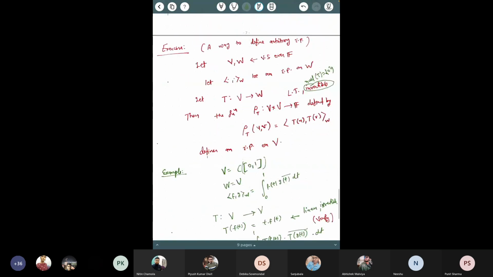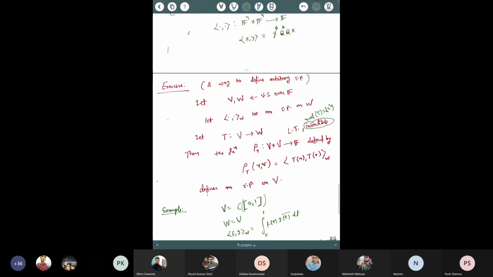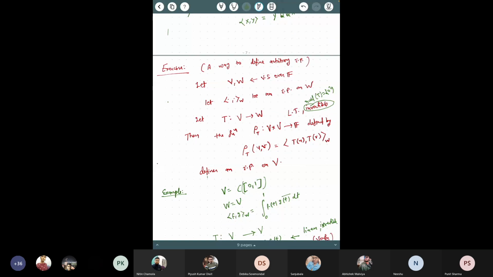I know why this has happened, but this is a good observation. I saw this result in Hoffman and Kunz, and they assume that the vector spaces are finite dimensional.